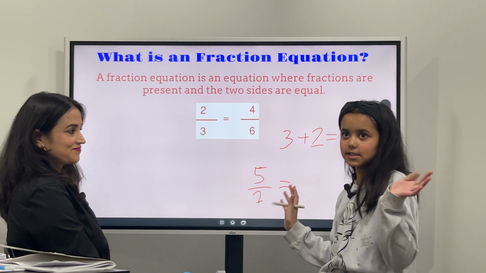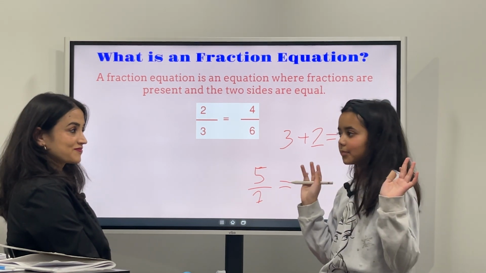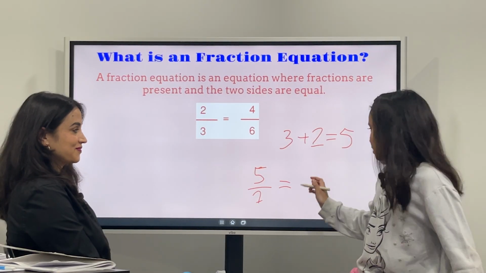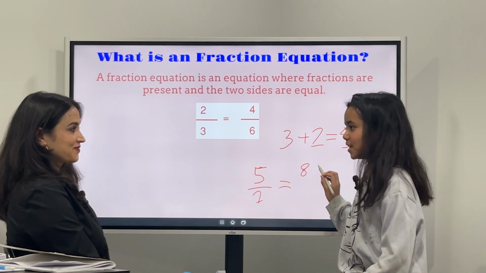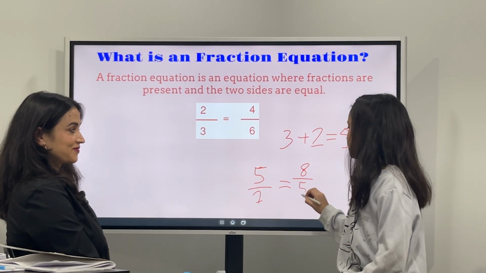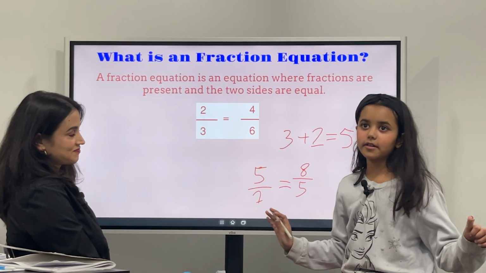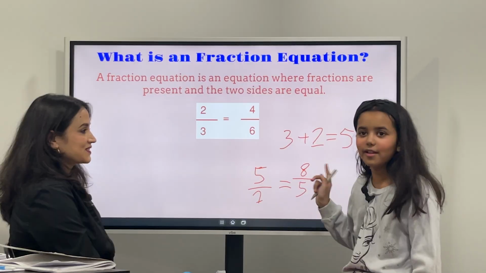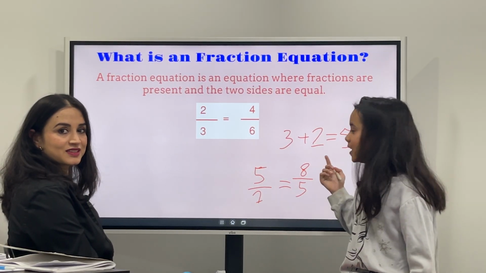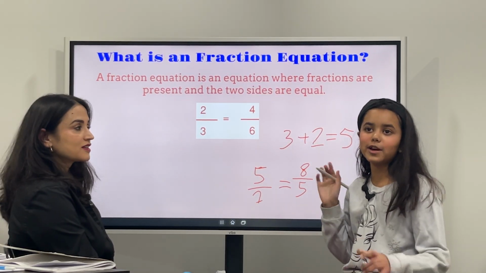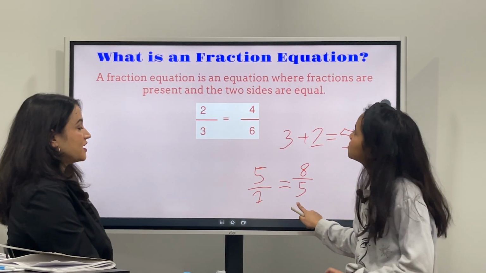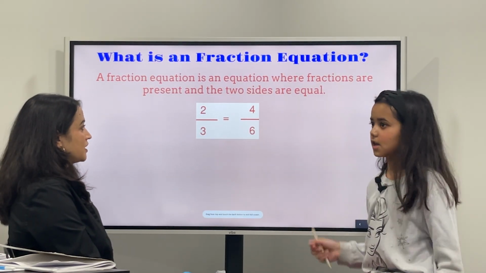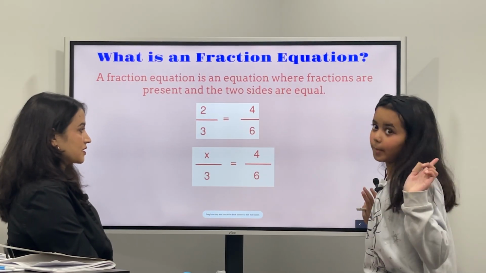Let's see if it is equal or not equal. Actually, it'll say in the next slide. I'll do the same example, 5 by 2 and 8 by 5. But first, we have to learn what cross multiplication is. She will explain more in the next one, with the same example.